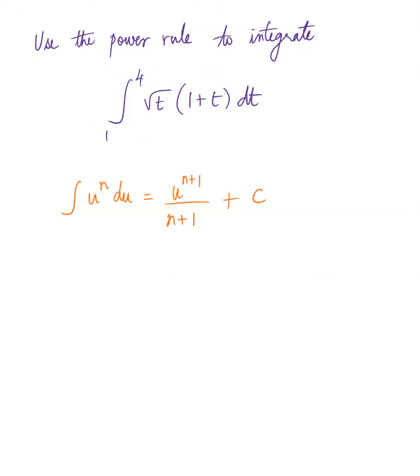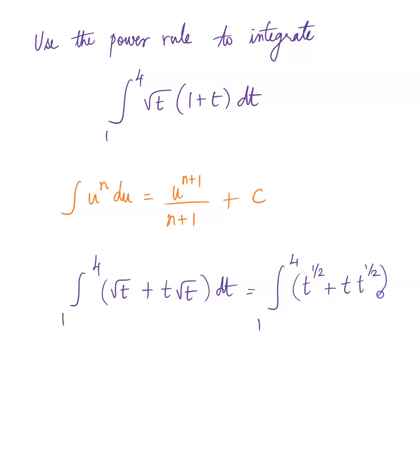And so we now rewrite this integral from 1 to 4 of square root of t plus t square root of t. I'm distributing it. But when you see it as a square root, maybe you don't really see the power n as you see in u to the n. So I'd like to write this as t to the half plus t times t to the half dt.